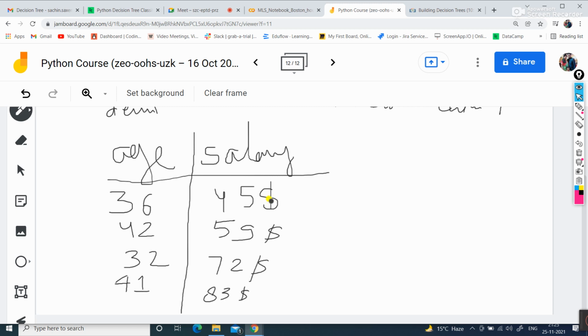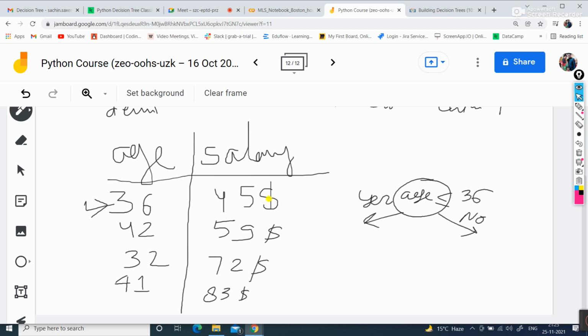So what I will do, let's say this is the splitting point. I'll say that the ages less than or equal to 36 will go this side, and greater than will go to this side. So this is no, this is yes.